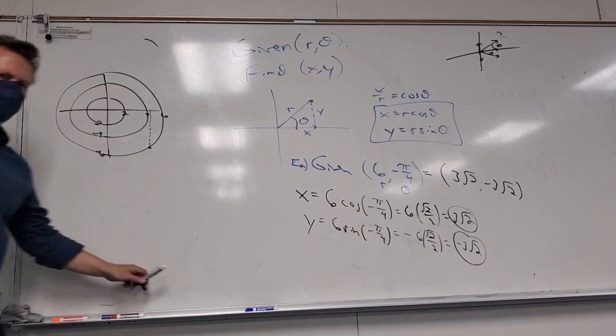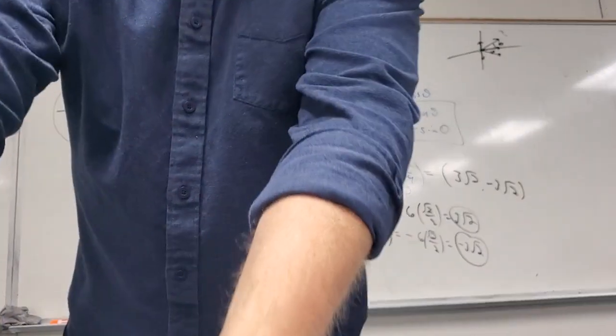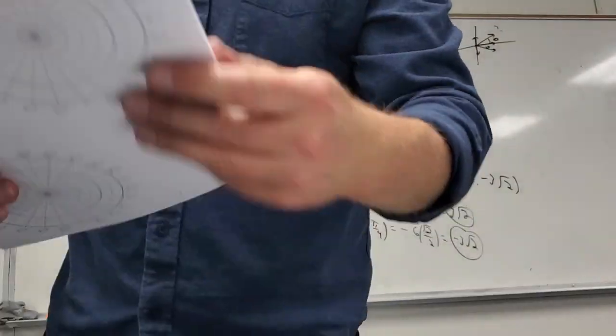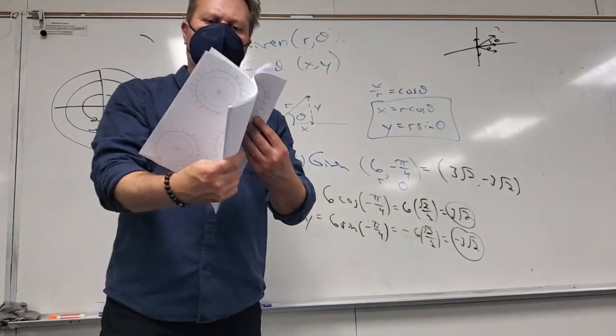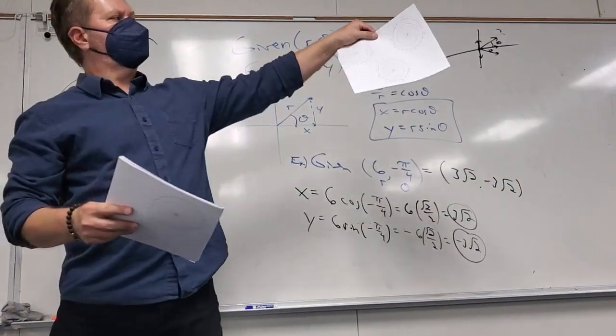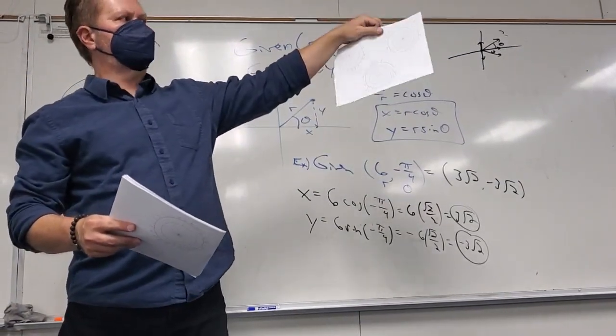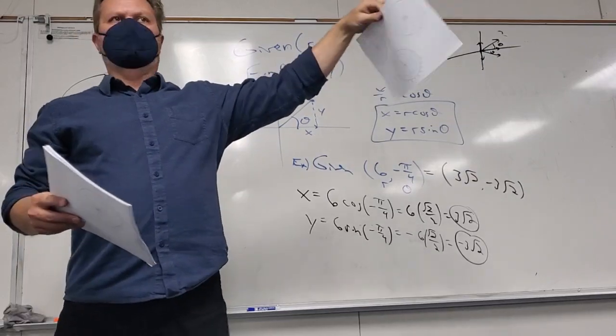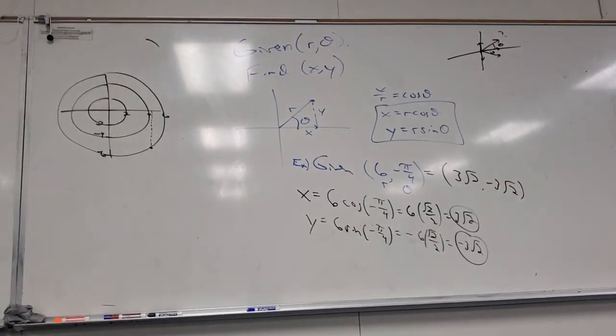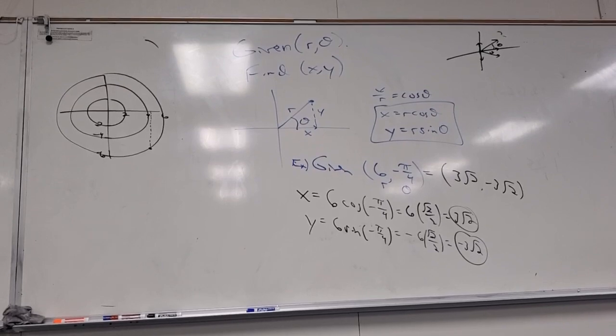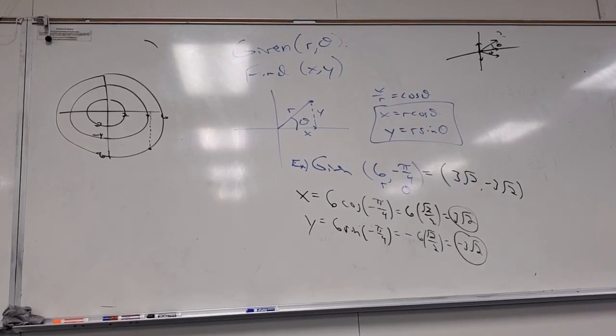So let me give you that, since I keep talking about it. I have at least one paper for everybody, maybe more. On one side I put 3 and on one side I put 2, just in case this side is too small for your eyeballs. I have enough for 2 of these for everybody. You're going to need polar graph paper for your homework.